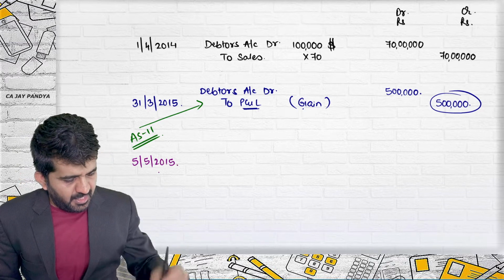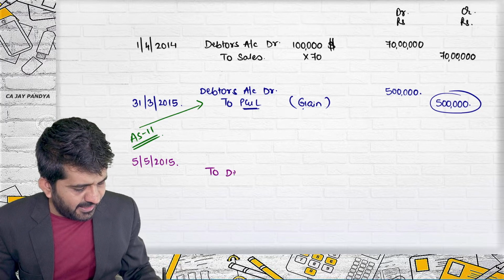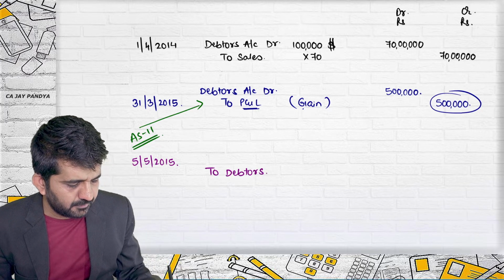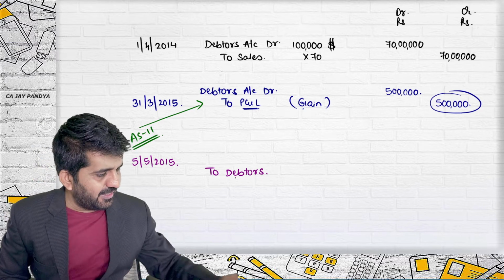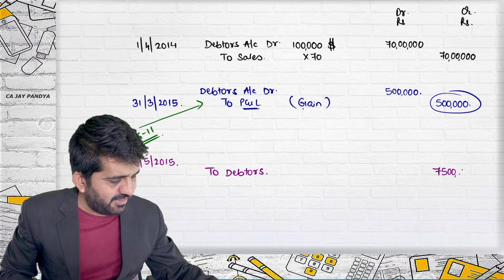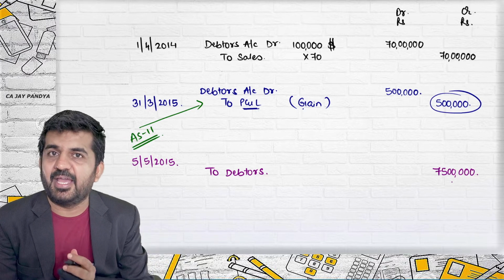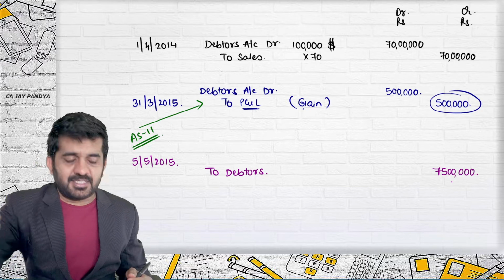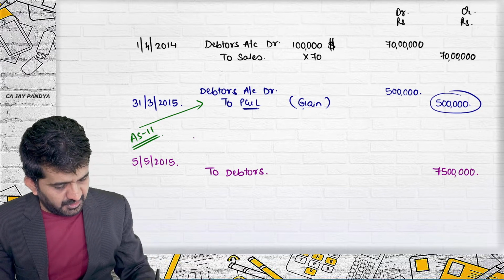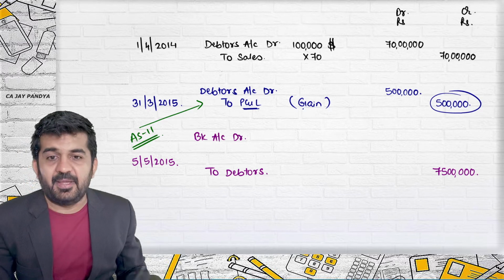All right. I hope you understand, if our debtor is paying us in full, the debtor's account should be credited by 75 lakh rupees because it was debited by 75 lakh rupees. Let us understand how much money you will receive. Bank account debit.